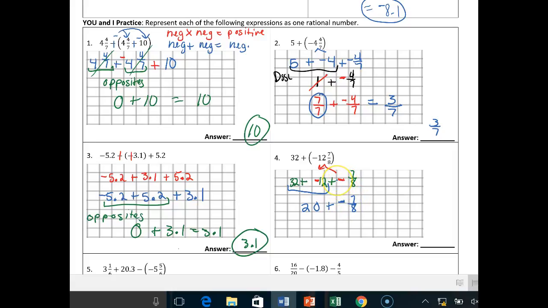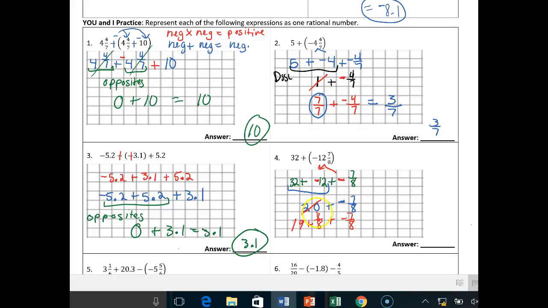Got to be a surgeon when you do this stuff, guys. The smallest detail matters. All right, so now we have to borrow one whole from the 20 because these are opposite signs, and I have to borrow a whole to get 8 over 8 to be able to subtract this. So this becomes 19, right? And then the one whole is 8 over 8, determined by this denominator right here, plus negative 7/8.